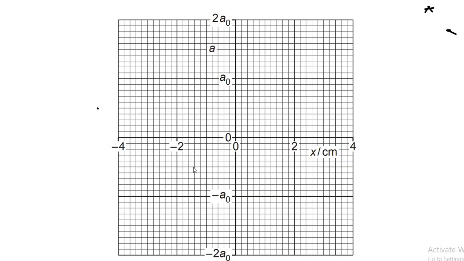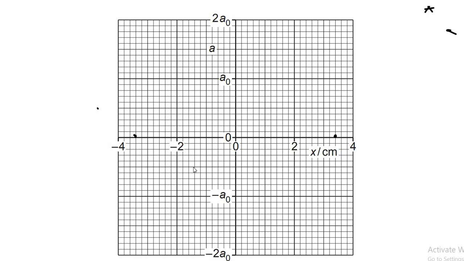Each line is 0.2: 1, 2, 3, 4, 5, 6, 7. This is 3.4, then 3.6, 3.8. Yes, this is 3.4. So this side too will be 7 lines: 1, 2, 3, 4, 5, 6, 7. It is the opposite of it.